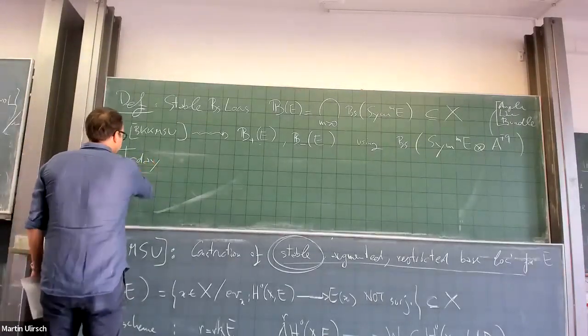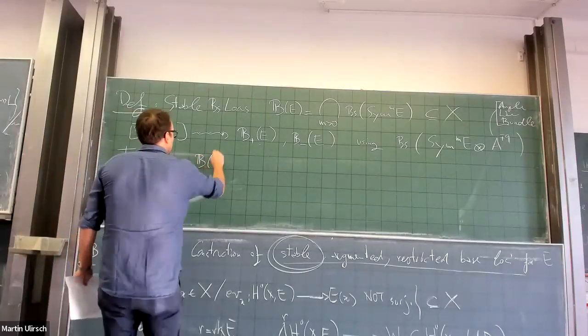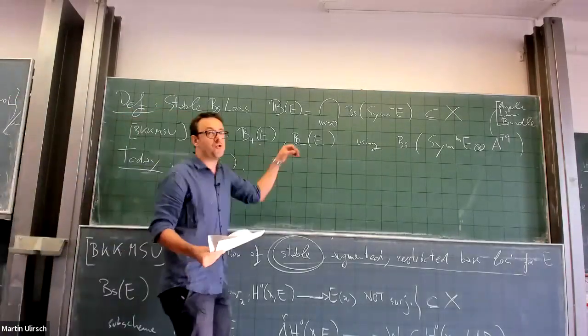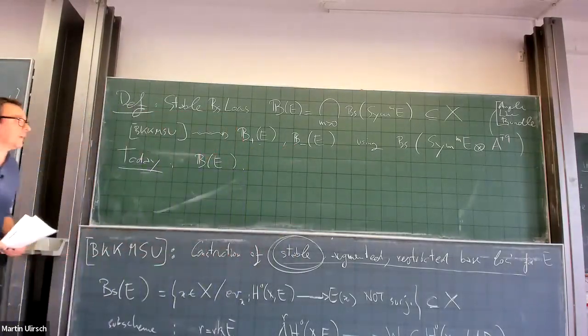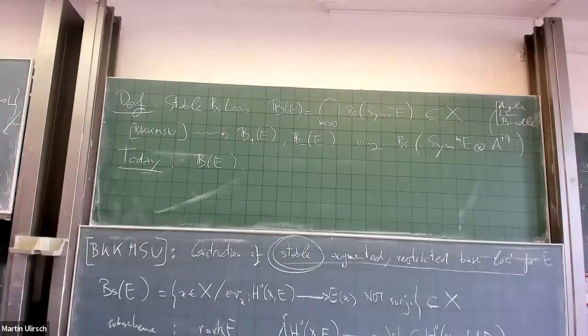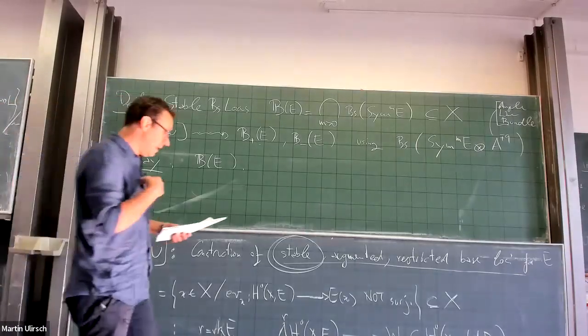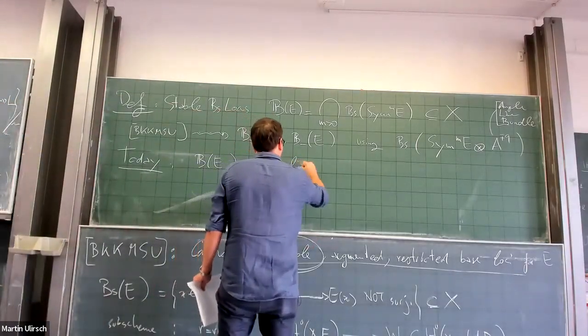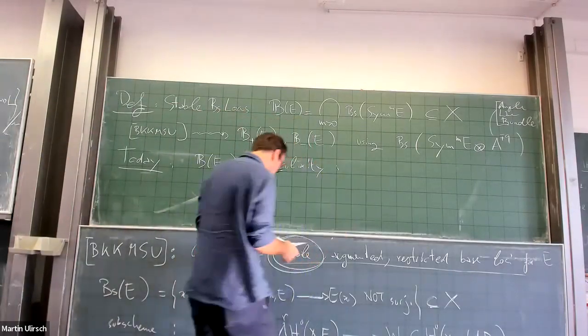Today I want to restrict my attention to the stable base locus of E, and therefore I don't want to give the definition of the others. But the first behavior of the stable base locus that did surprise us is the following. The peculiarity is the following.